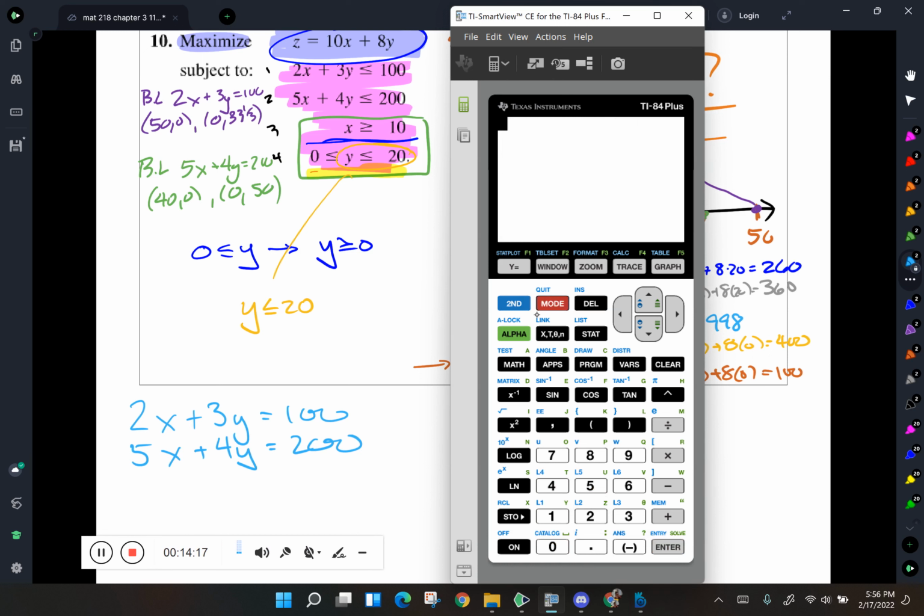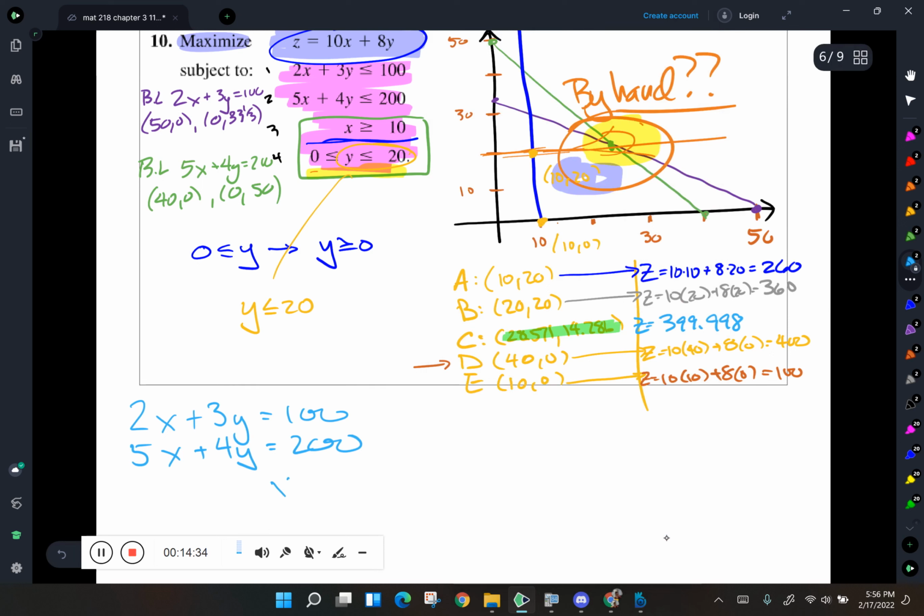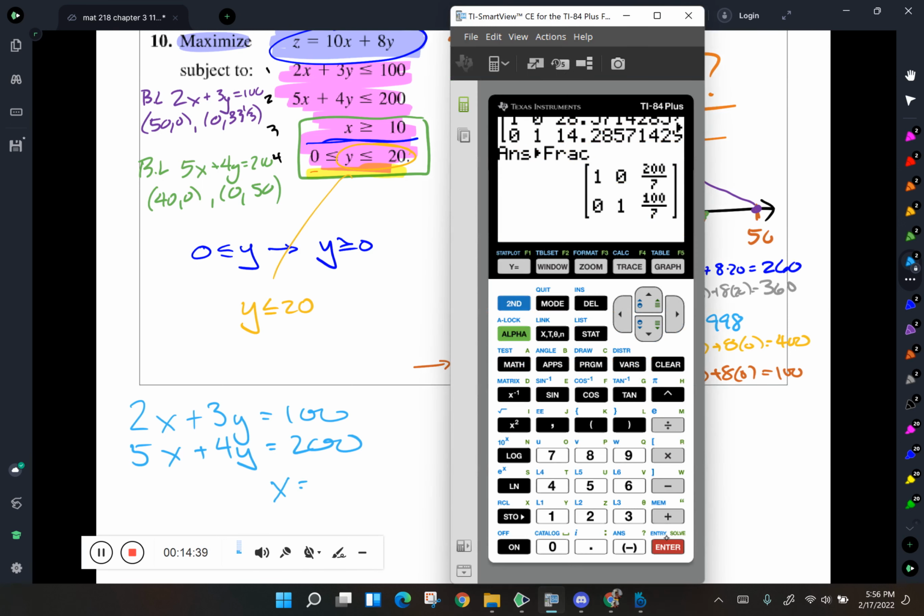I quit out of there, go back to matrix, over to math, RREF, because I'm going to Gauss-Jordan this thing. There are those horrible decimals, but if I turn them into fractions, I find that x is equal to 200/7 and y is 100/7.